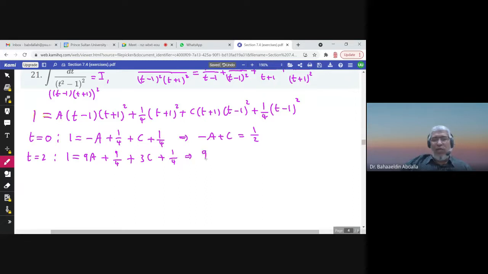So I have an equation 9a plus 3c equals 9 over 4 plus 1 over 4 is 10 over 4. So in the other side, 1 minus 10 over 4. And 1 minus 10 over 4 is negative 3 over 2.